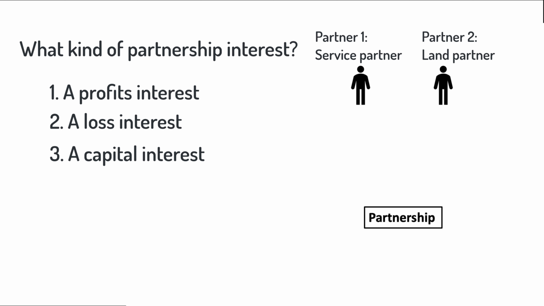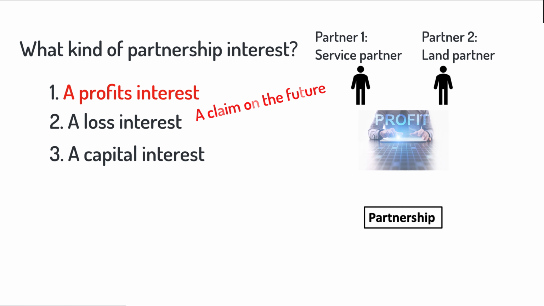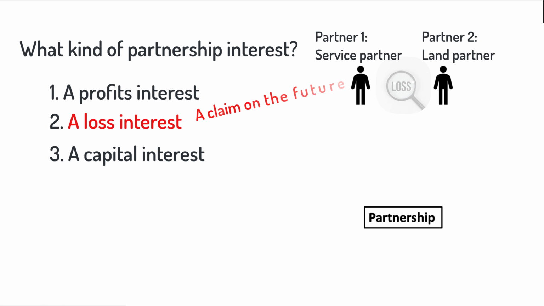Up until now in our example, we have assumed that Partner 1 received a profits interest, loss interest, and a capital interest when forming the partnership. But is there another alternative? Let's change our example so that Partner 1 only receives a profit interest and a loss interest, but no capital interest.